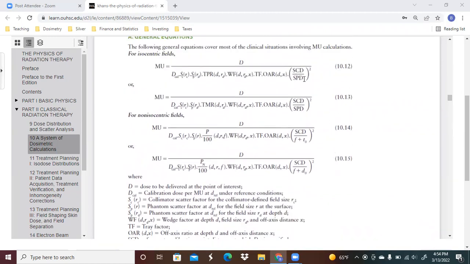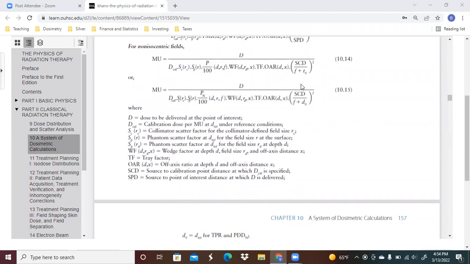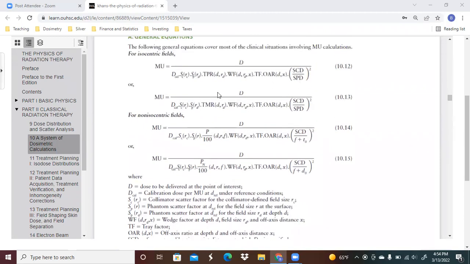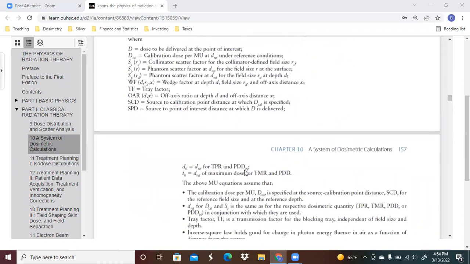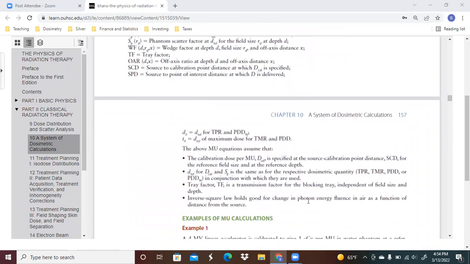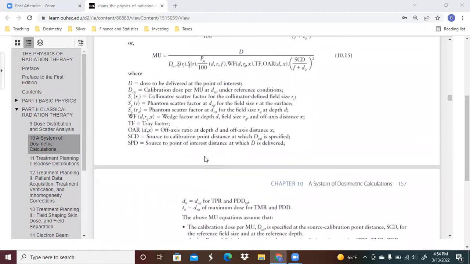This is sort of a correction here for the inverse square law effect that we're going to see. But that is for the isocentric fields. For the non-isocentric fields, you see the source to calibration distance divided by F plus D naught. And the F plus D naught should be defined.